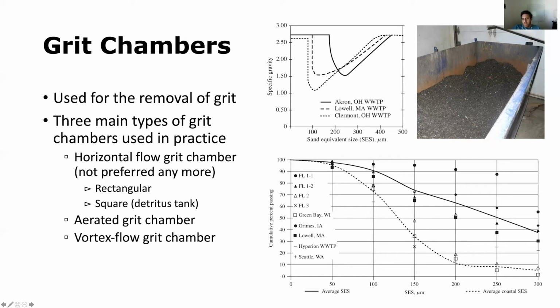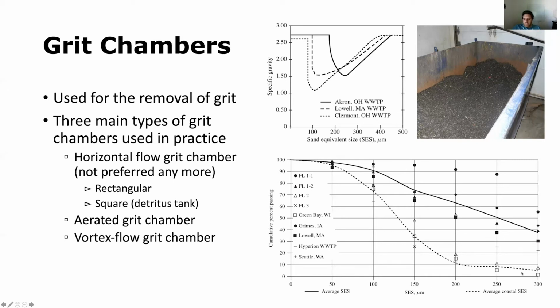In other systems, you might get more like 75%. So if it passes through a screen with that particular size, that means that the grit particles are either equal to or smaller than that size. Anything larger than that size would be retained.